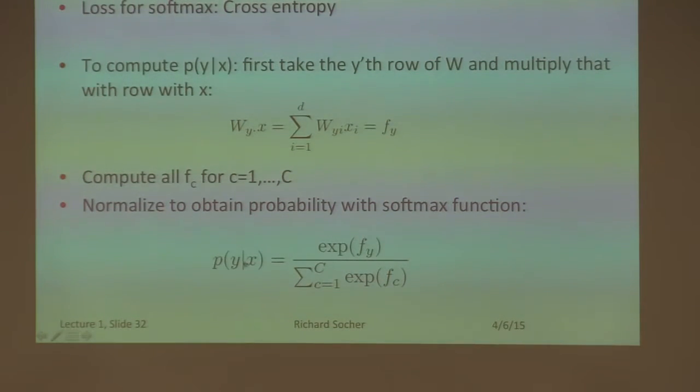So the probability of y given x will be the exponent of f sub y divided by the sum of the exponents of f sub c. And we've basically already taken derivatives with respect to exponents and logs and things like that. So hopefully you can derive all the derivatives that we need here in your problem set.